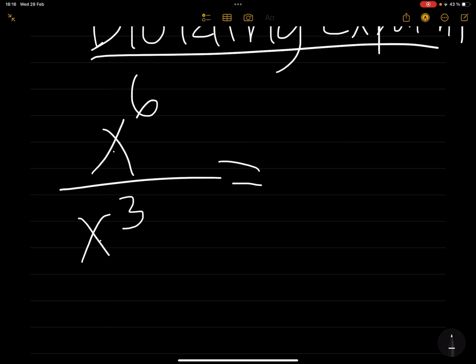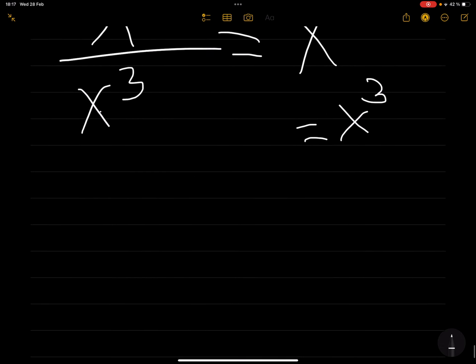What you do is subtract the exponent of the denominator from the exponent of the numerator. You say x, that's the base, and then 6 minus 3, which equals x to the 3.